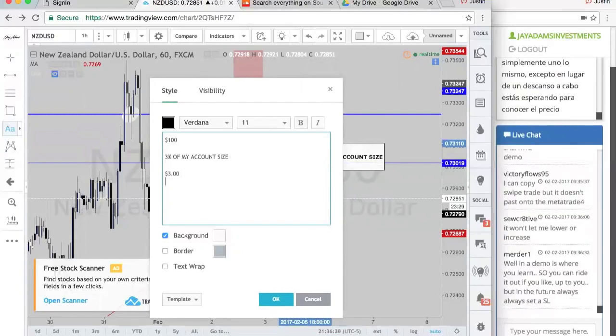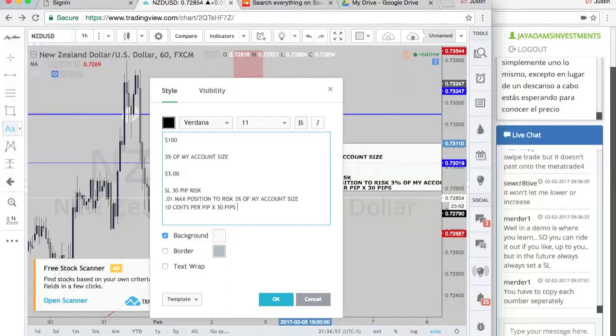So if the stop loss, and in SwipeTrade it will say a 30 pip risk, that means I can only use a 0.01 max position to risk 3% of my account size. Does that make sense? Because 0.01 is 10 cents per pip times 30 pips equals $3.